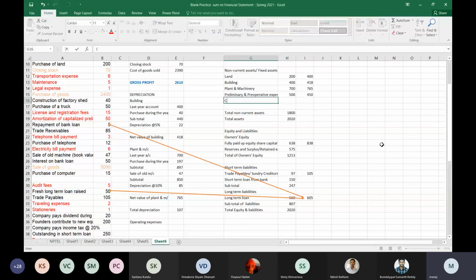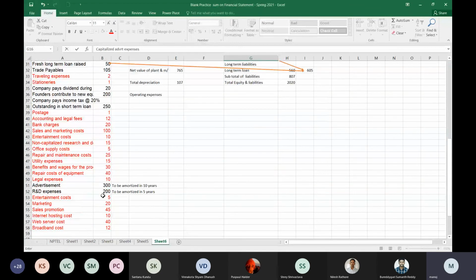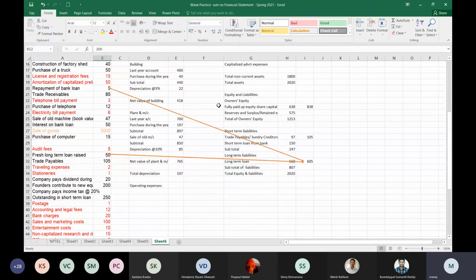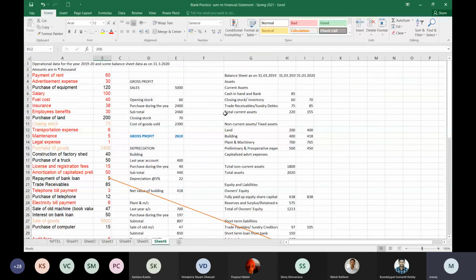You write capitalized advertisement expenses. Capitalized, meaning this is a kind of a revenue item, but you have capitalized that, meaning you have transformed that into a capital asset. Even this also has been transformed into a capital asset.